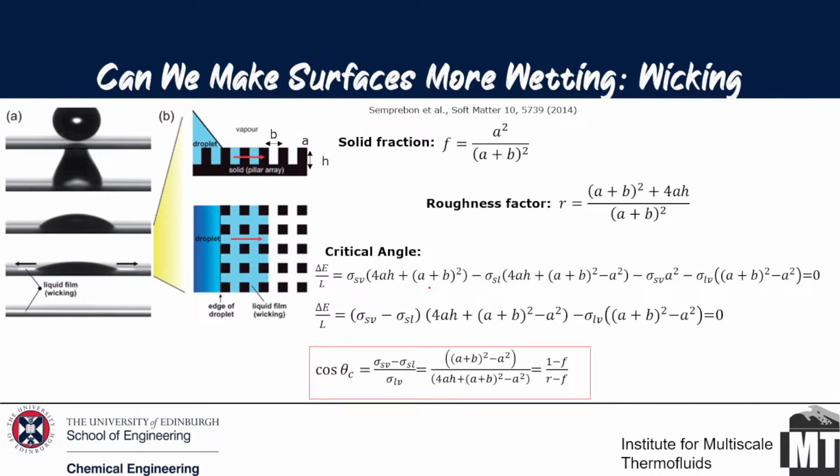Also, the exact edge is not possible; usually some U shape is formed under it. Durability is a big issue with these surface patterns. That's why people do these experiments over several weeks and sometimes even hours. It gets degraded very fast. So there's a lot of work on this.